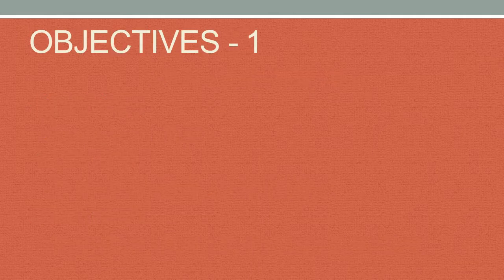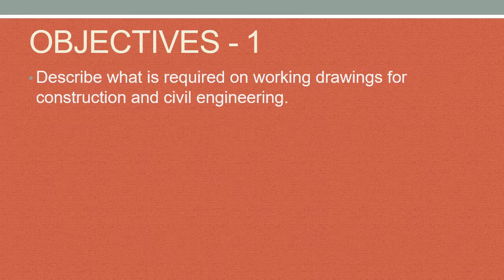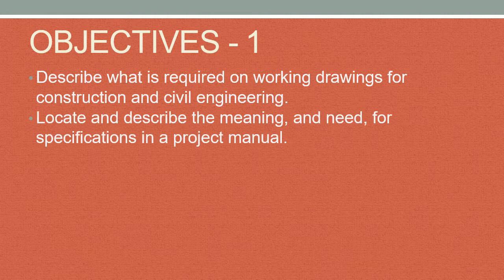Some of our objectives in this class: I want you to be able to describe what's required on the drawings for construction and civil engineering projects. Describe the meaning, the need and specifications in a project manual and be able to find them.